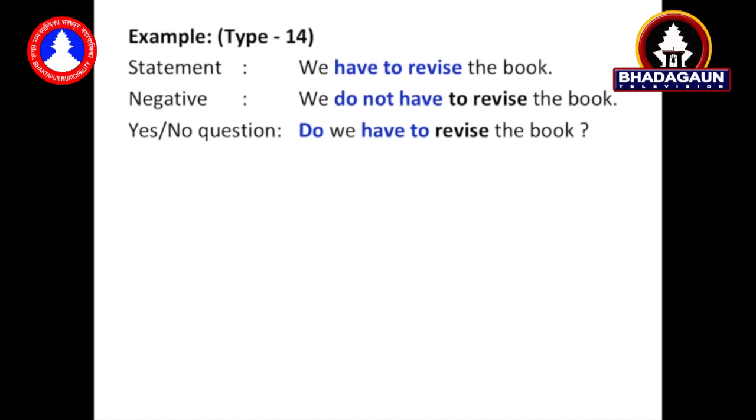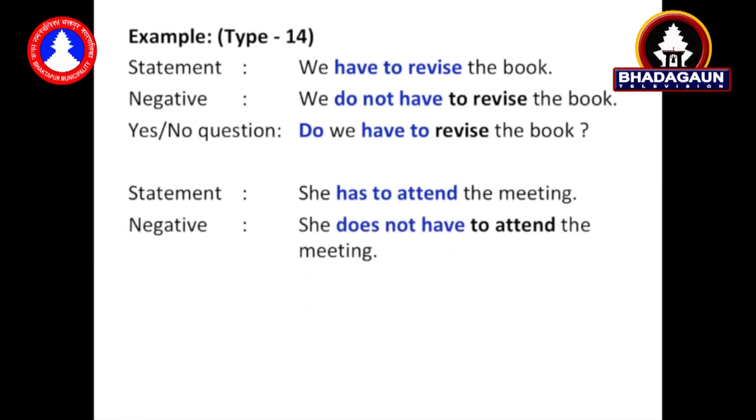Let's take another example. She has to attend the meeting. Has to attend is also the structure have to plus V1, and it's an obligation. And now we have to take help of the do verb to make it negative and yes no question. Has is simple present and singular, so we take help of does. Its negative is, she does not have to attend the meeting.